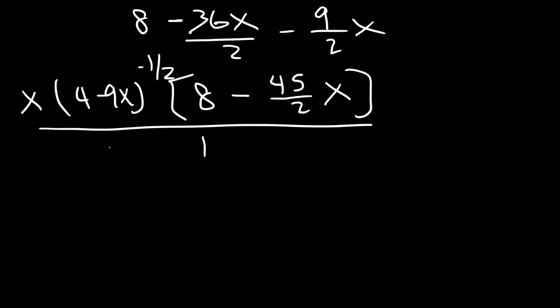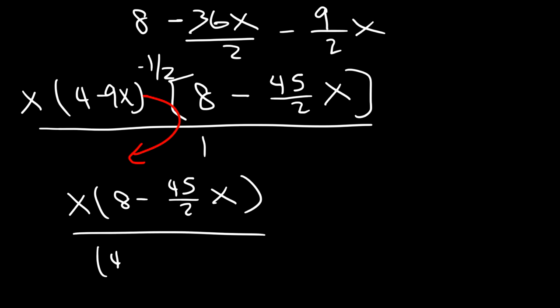What we can do at this point is take this term or that factor and move it to the bottom to make the negative exponent positive. So this is going to give us x times 8 minus 45 over 2x divided by 4 minus 9x to the positive 1/2.